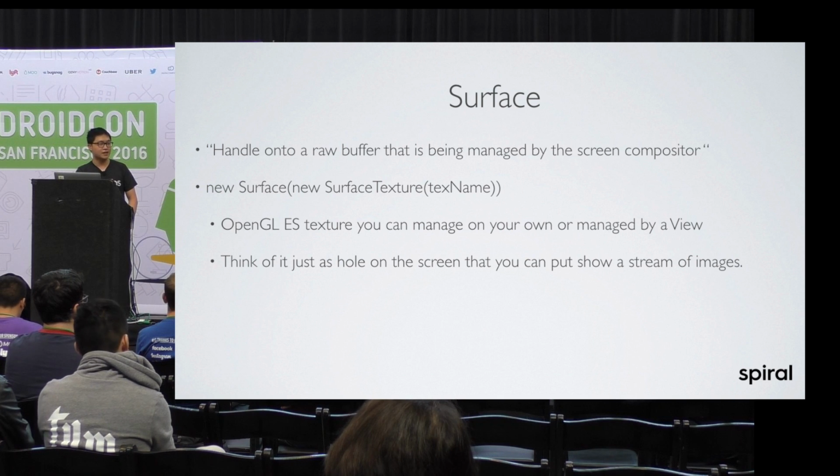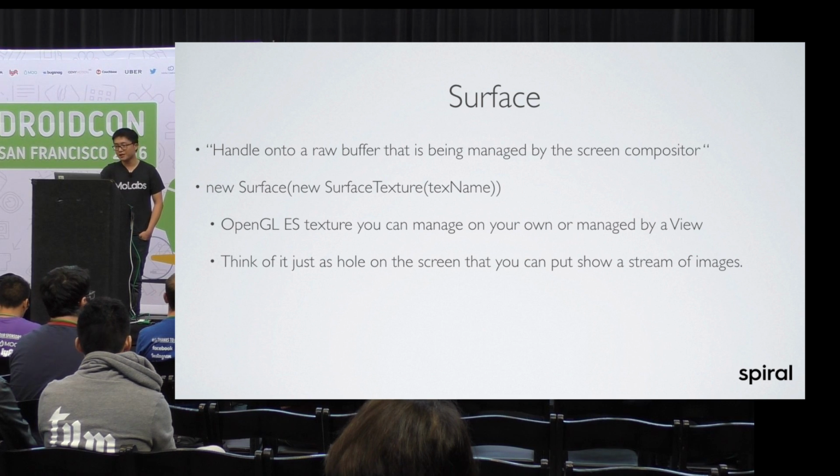So if you're using a SurfaceView, there's already a surface generated for you. If you're using a TextureView, you have the SurfaceTexture and you just give it to a Surface. If you have none of them and you're doing a GL view by yourself, you can generate an OpenGL texture object, just give it a name, and you can have the surface from that.